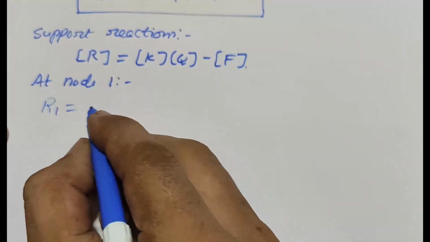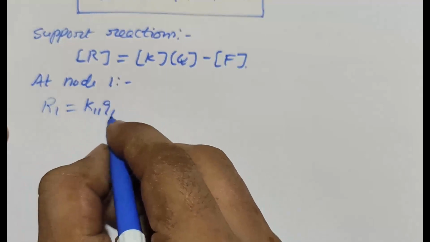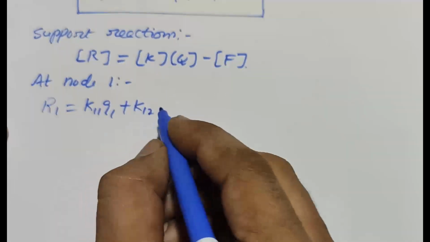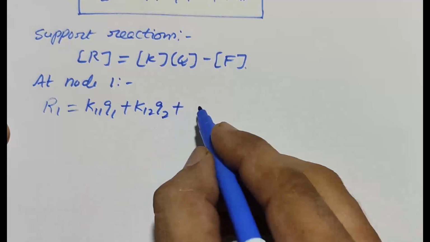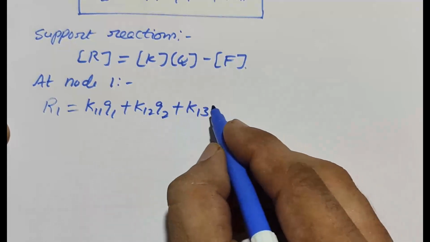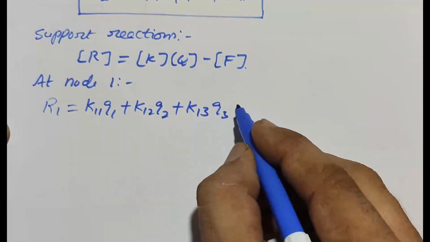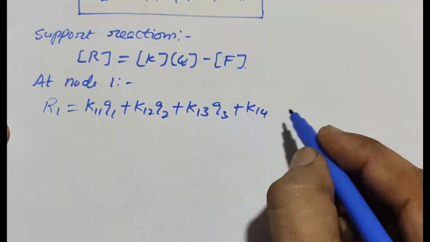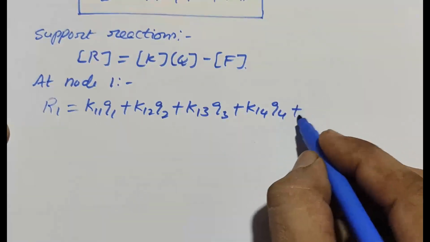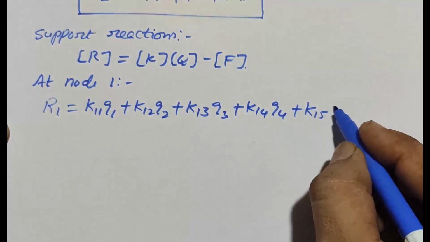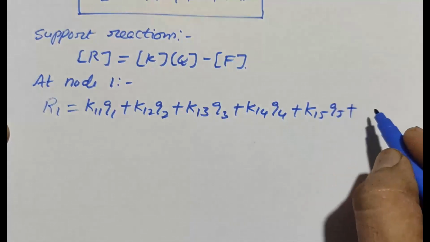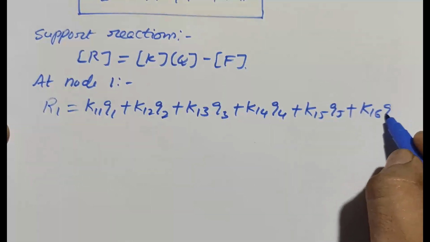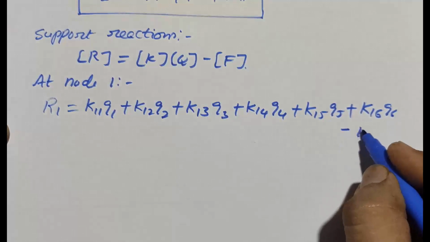So R1 is K11 Q1 plus K12 Q2 plus K13 Q3 plus K14 Q4 plus K15 Q5 plus K16 Q6 minus F1.